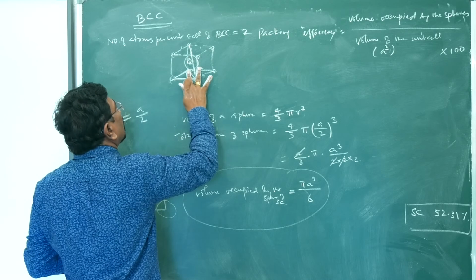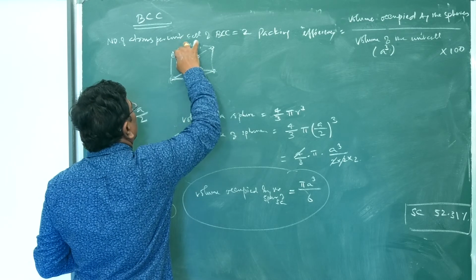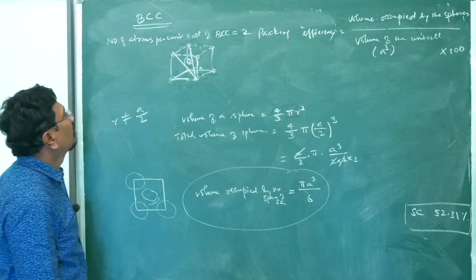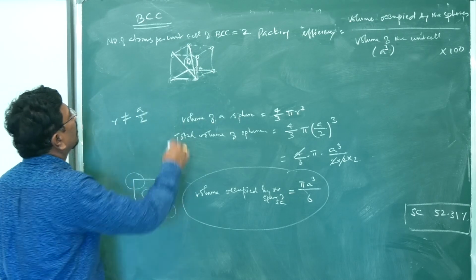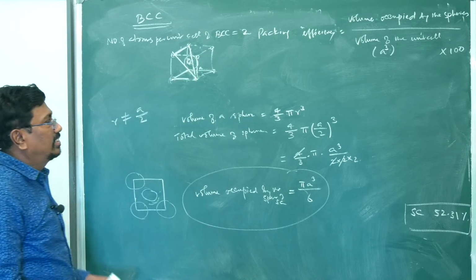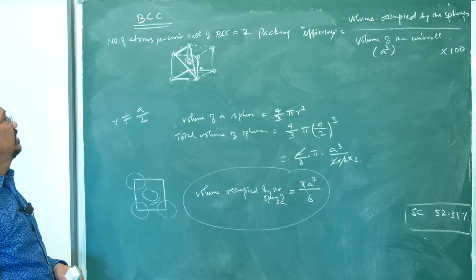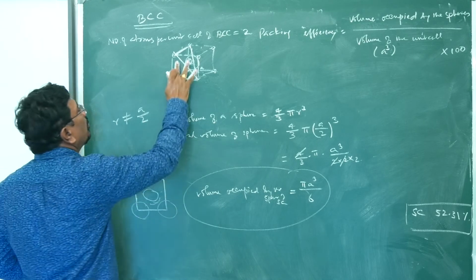Or else, this face length we can calculate, the front face. Then this is another right-angled triangle. A right-angled triangle can be in different ways.